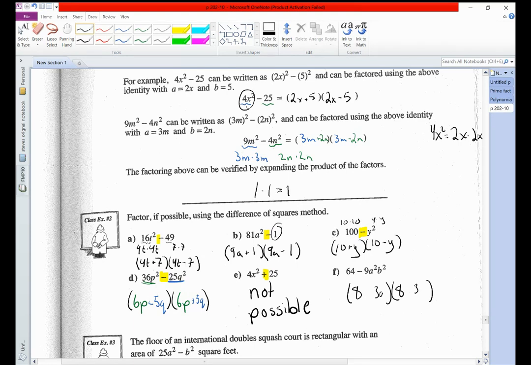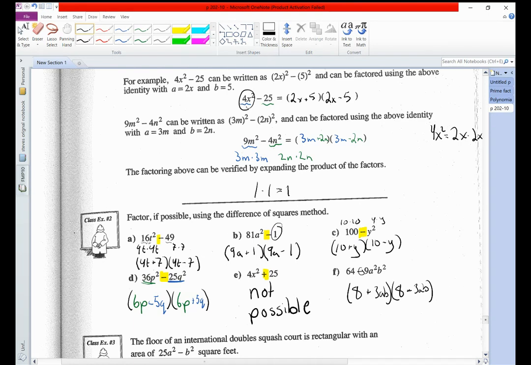We make one positive, one negative, double check that we still have a negative sign up there, which is good. And we're done. 8 plus 3ab multiplied by 8 minus 3ab.